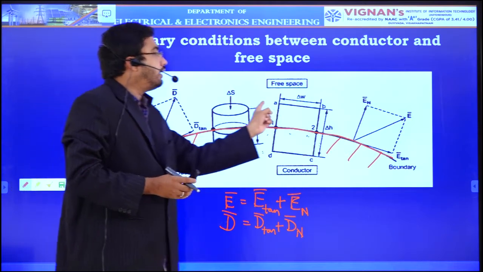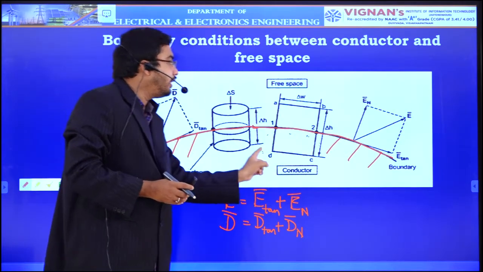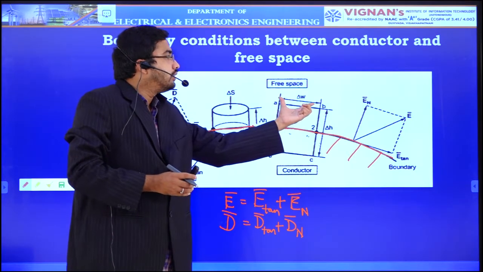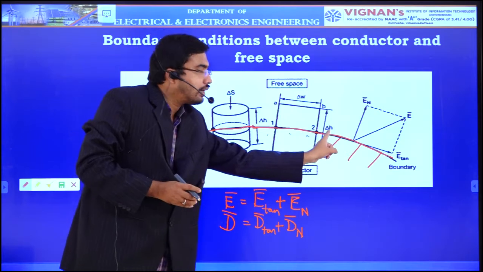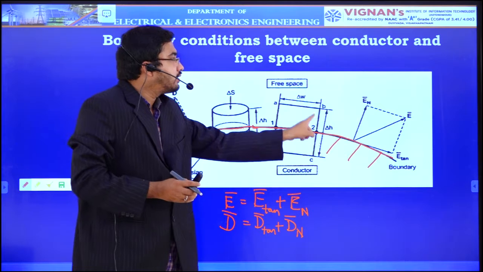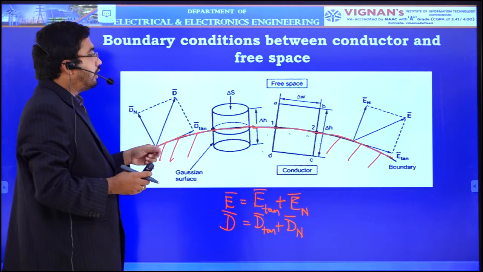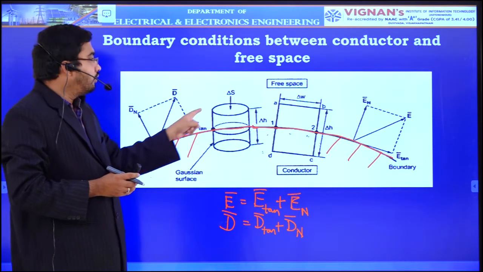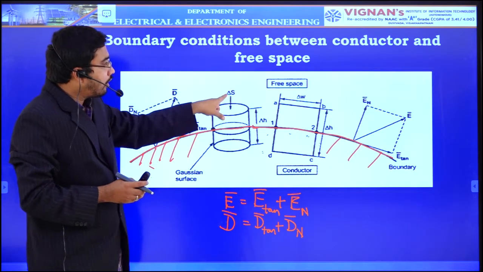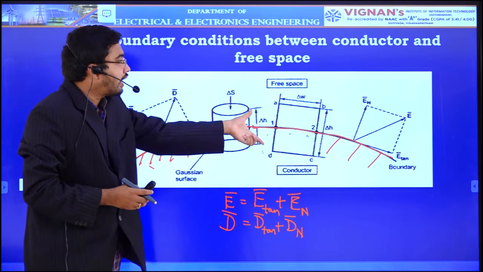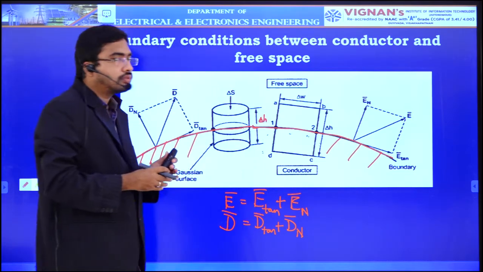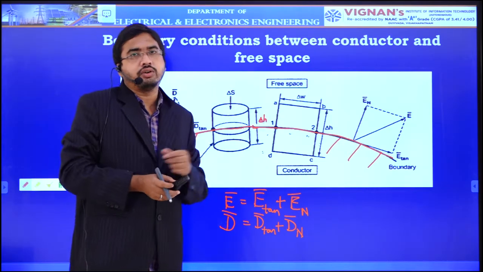First, we are taking a closed path A, B, C, D, whose width is delta W and its height is delta H. Similarly, to find electric flux density D, we are assuming a Gaussian surface, a Gaussian cylinder. When you are looking from the top, the surface area is delta S and its height is delta H. So these are the assumptions that you are taking.